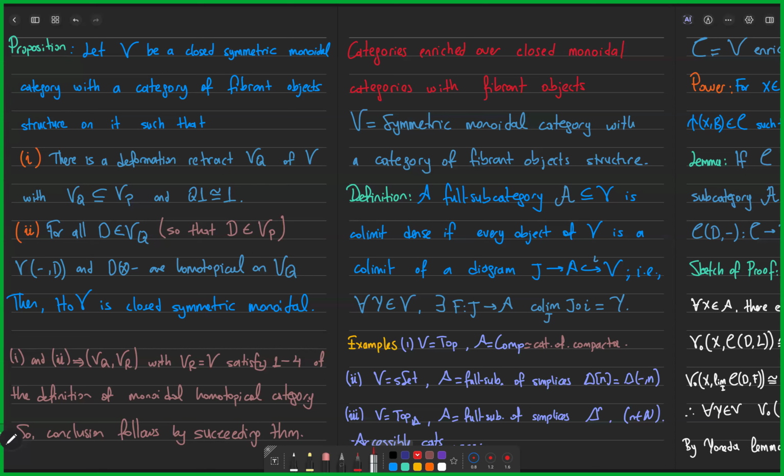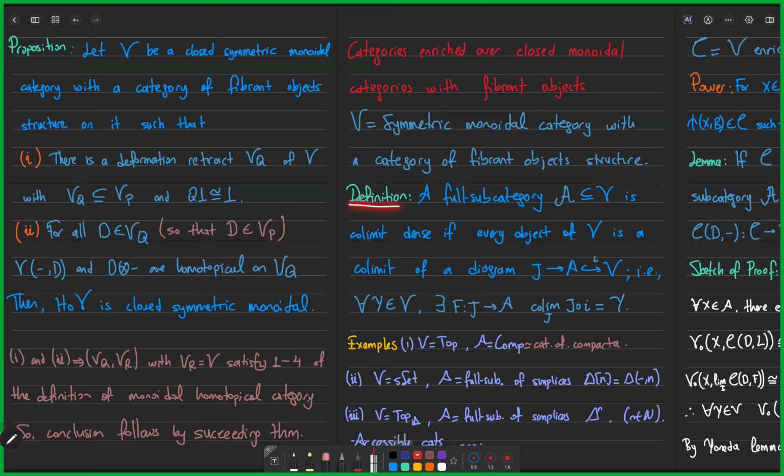So we start, again, with V a symmetric monoidal category with a category of fibrant objects structure. You can assume that they have some good limits and colimits in the enriched sense.